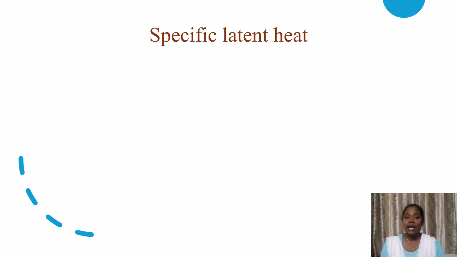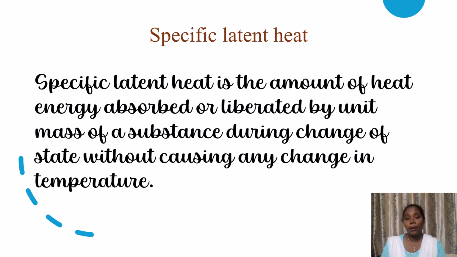In it, there is specific latent heat, where specific latent heat is the amount of heat energy absorbed or liberated by unit mass of a substance during change of state without causing any change in the temperature.